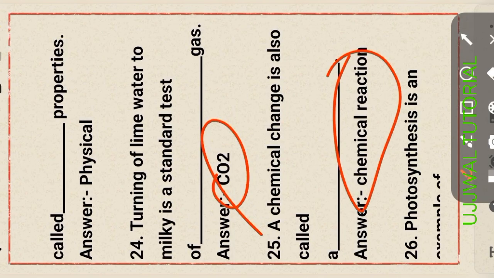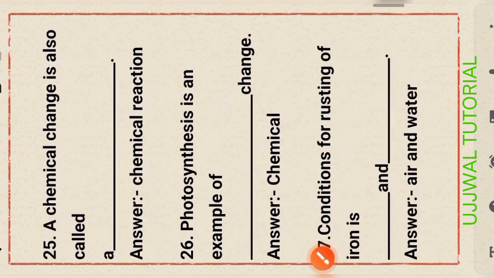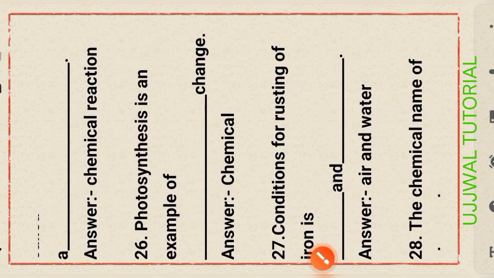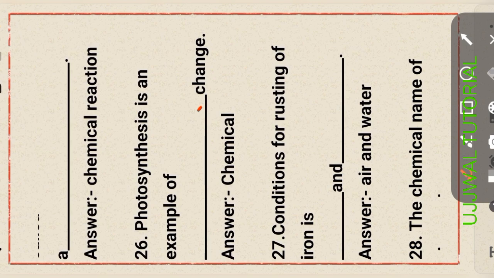Next question number 26. Photosynthesis is an example of chemical change, an example from plants. Next question.